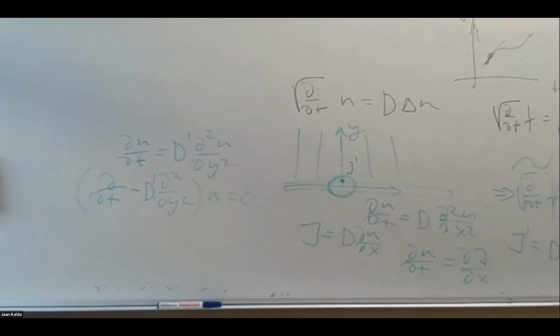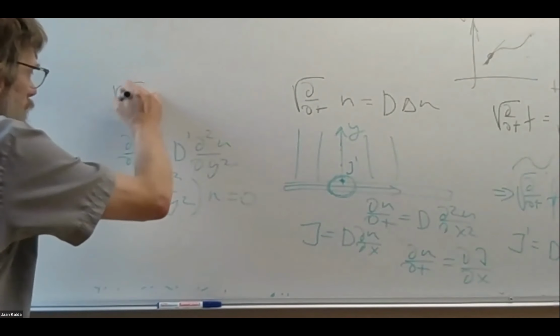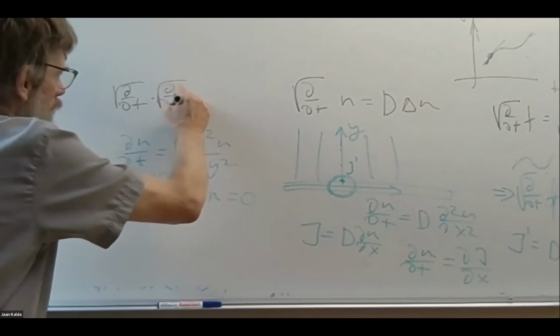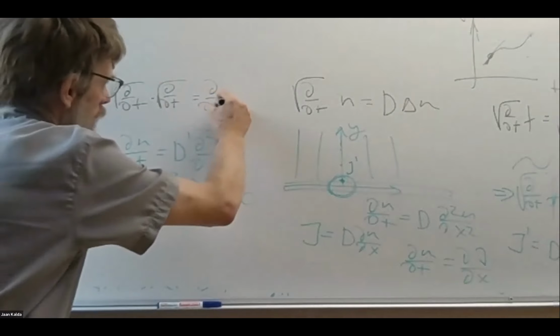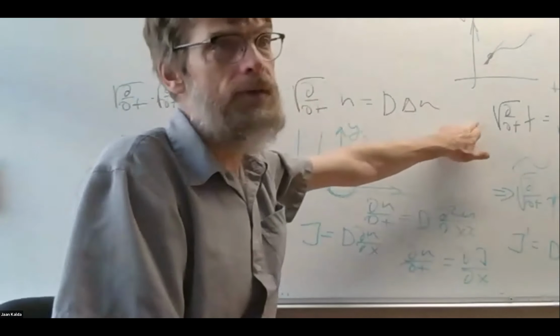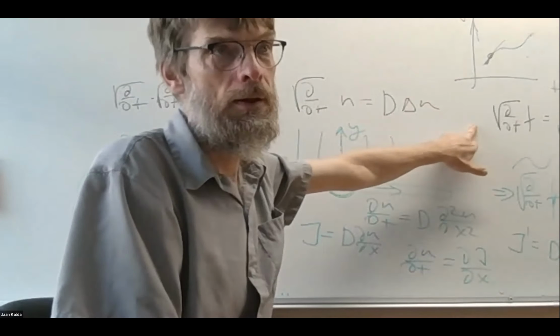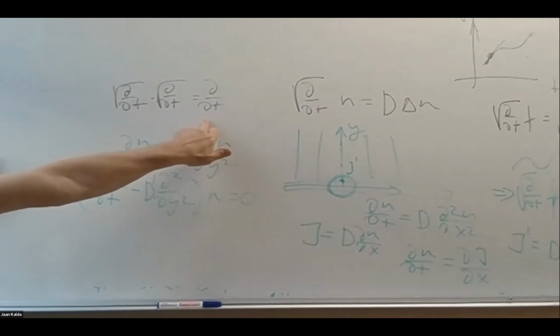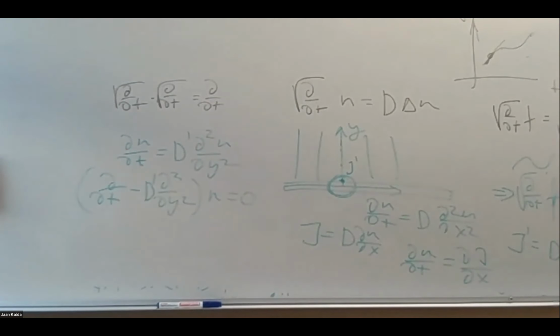Now, if we have a certain operator, the square root of d over dt, which has the property that if we apply it twice it becomes the ordinary derivative, then we can factorize this operator.